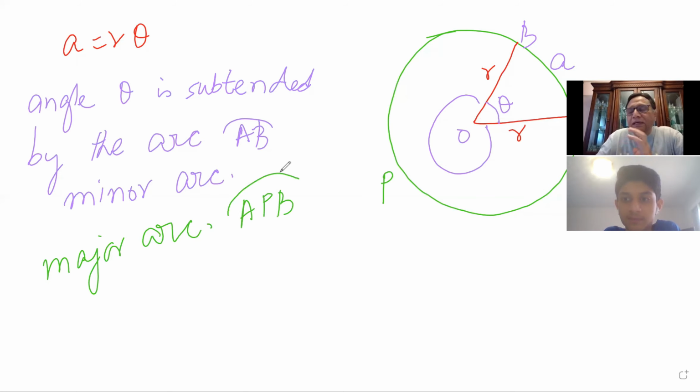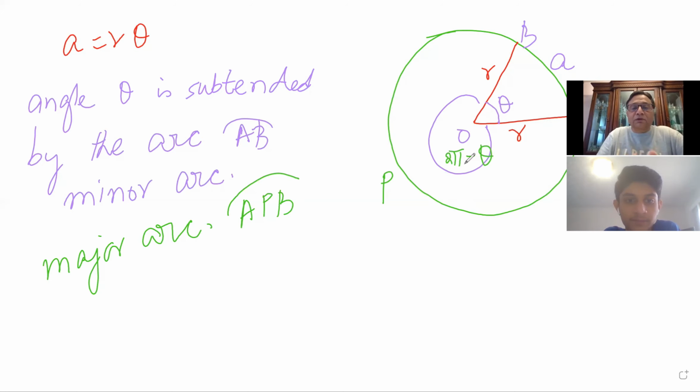But if I use AB, we are looking into the minor arc. It's a shortcut. If I write AB, minor arc means AB. But if I introduce another point, we are talking about the major arc. It is very important to understand. Is that clear to you? And obviously here, the relation is 2 pi minus theta, right? Because the total is 2 pi, correct?